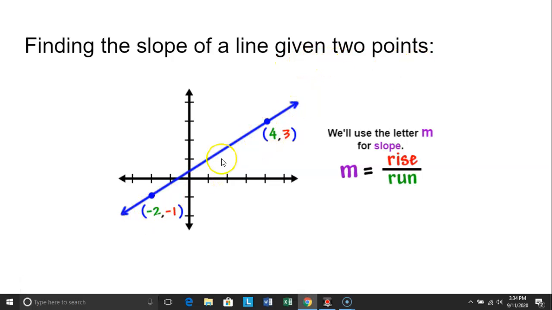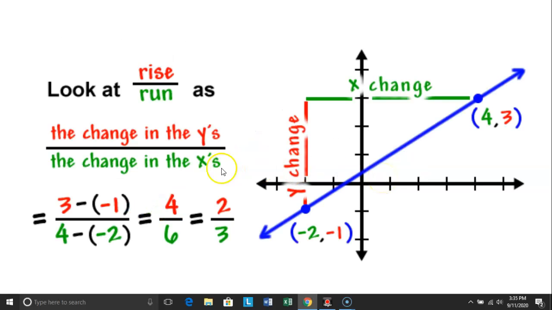So you have this line right here and you have 2 points. We're gonna find the slope of this line. So with this, you will be refreshed with this equation, rise over run. And then wherein you can also use this technique as well, the change in y's over the change in x's.